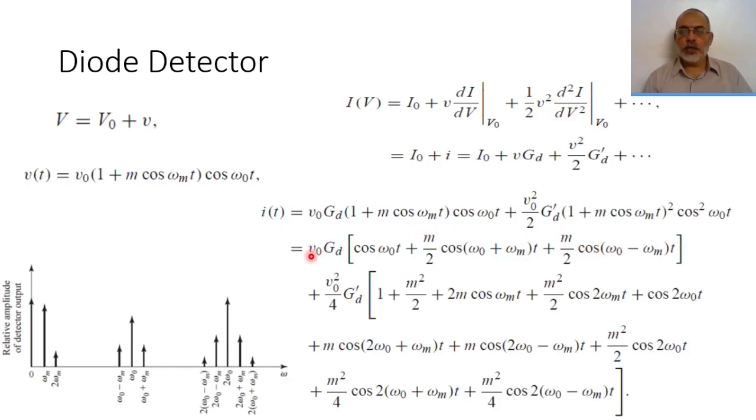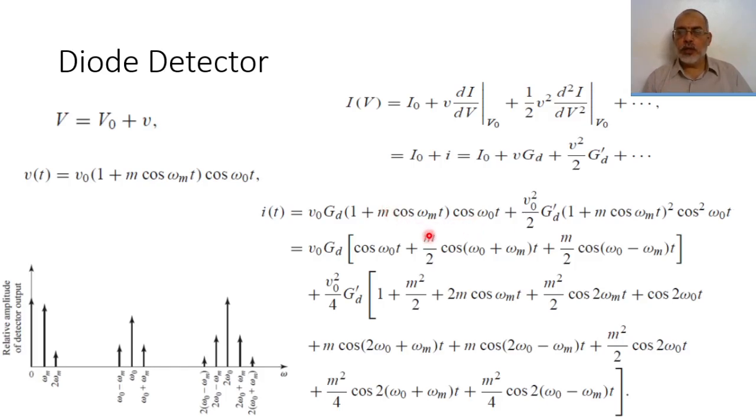So the first term would be V naught g_d multiplied by cosine omega naught t plus m cosine omega_m t cosine omega naught t. A product of cosines can be represented as the cosine of the summation plus the cosine of the subtraction of the two values, over 2.